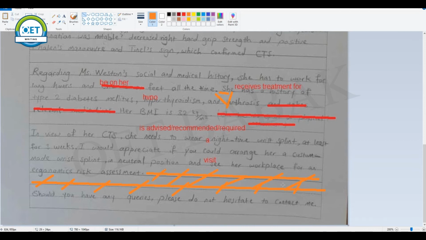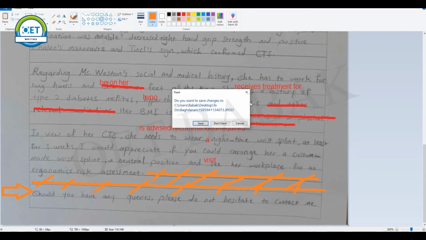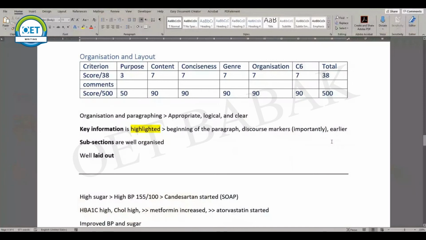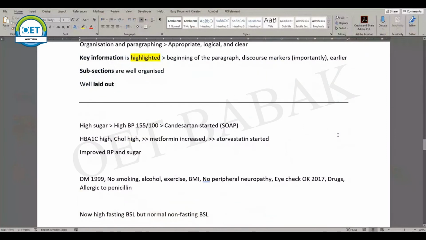If you have added a sentence and it is now not obvious that it's a paragraph, you put an arrow here and you write paragraph. Ideally we want this to be as well laid out as possible, but if not, accuracy is more important. So you have to make sure it's a different paragraph.